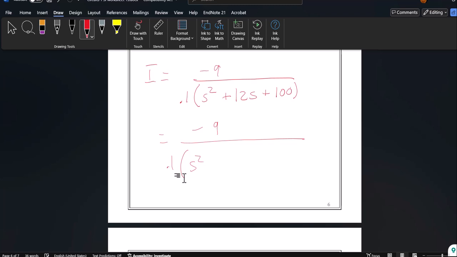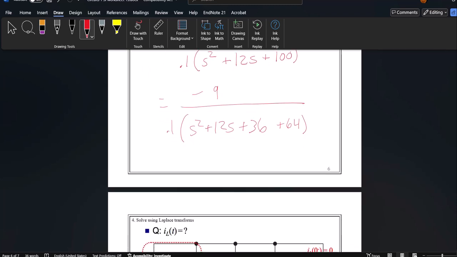by completing the square. So half of 12 is 6, squared is 36. And then if I subtract 36 from 100, I get 64. So those things are still equal.